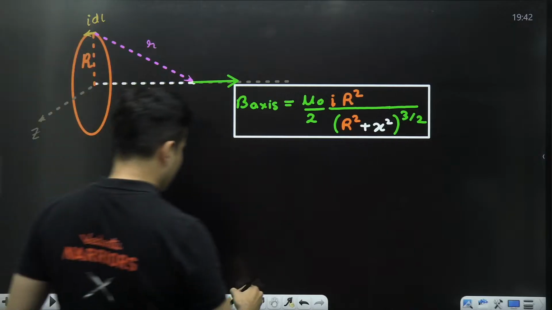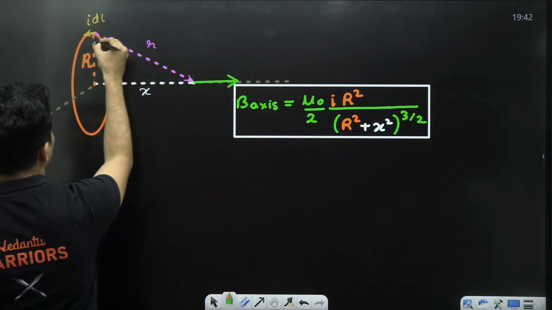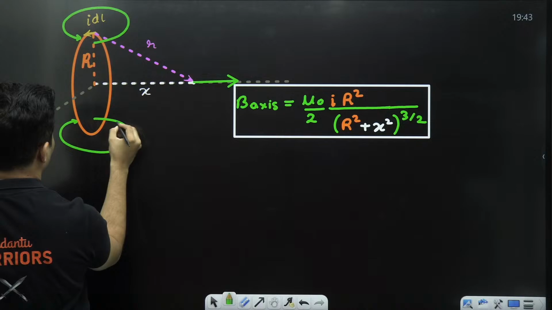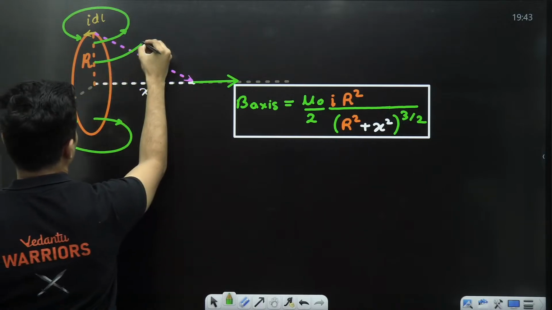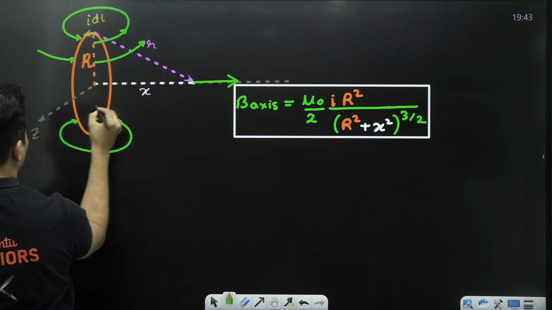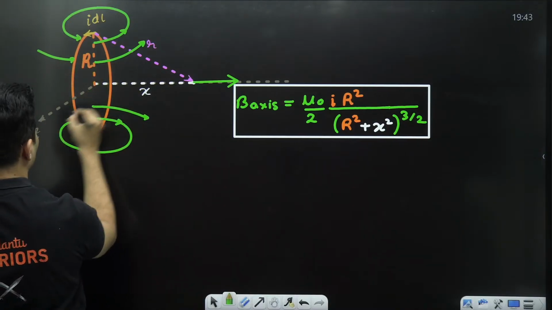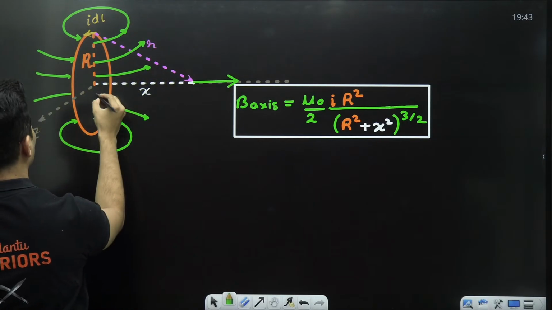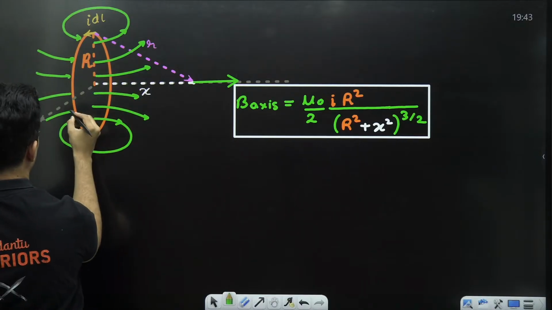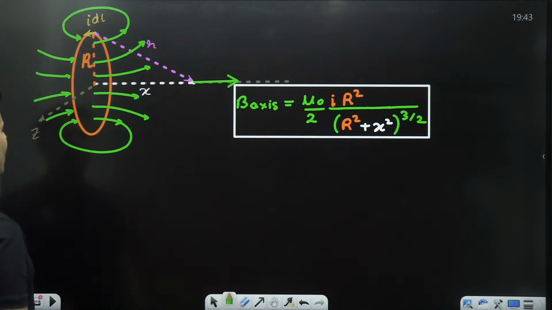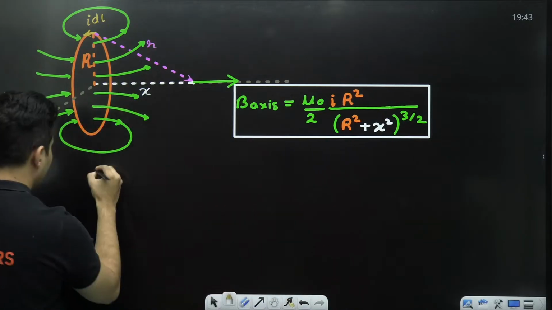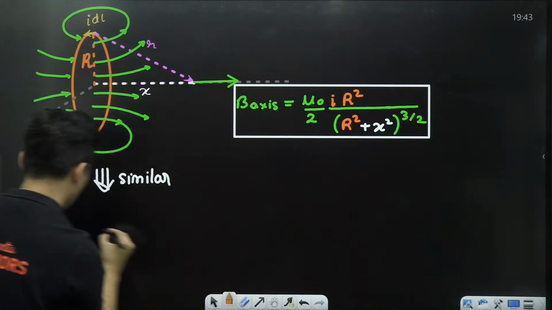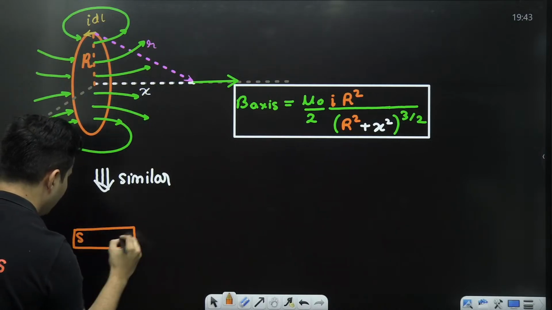Now, we have also seen that it produces magnetic field lines like this, and this looks very much similar to just a bar magnet with south pole and north pole.